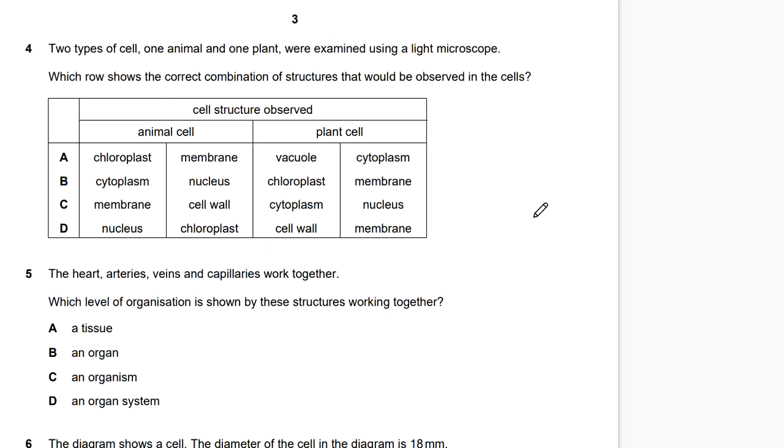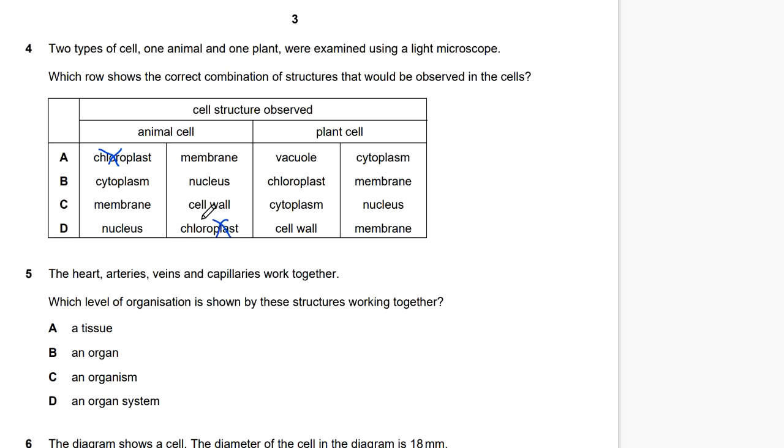Next, two types of cell, one animal and one plant, were examined using a light microscope. Which row shows the correct combination of structures that would be observed in the cells? Let's look at the options. Of course, animal cells do not have chloroplasts, so we remove that one.